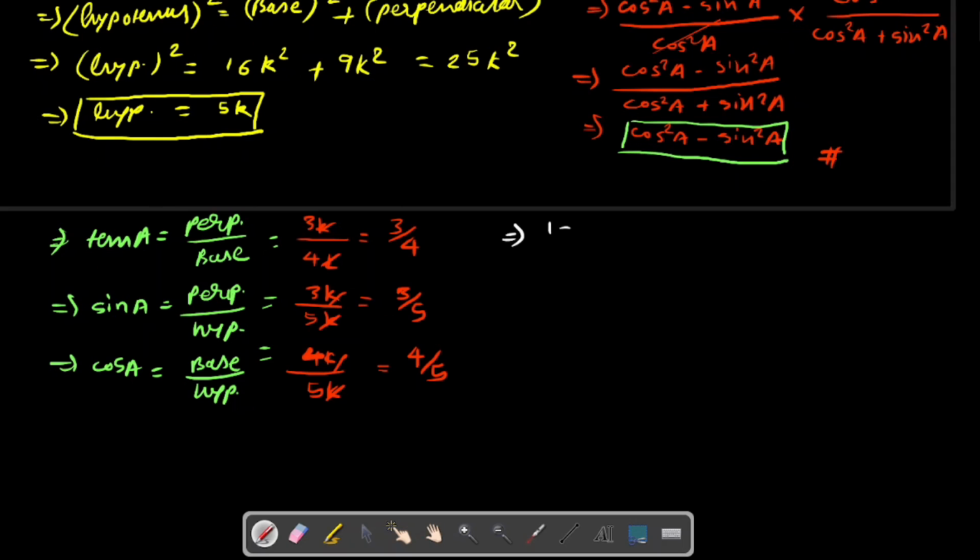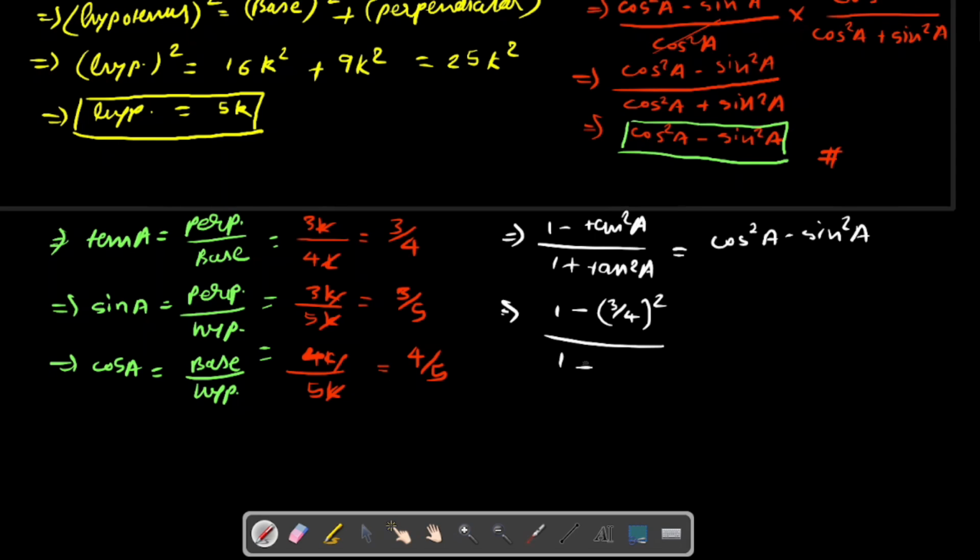What is our equation? 1 minus tan square A upon 1 plus tan square A is equal to cos square A minus sin square A. Now by putting the values, tan A is 3 by 4, so 1 minus (3 by 4) square upon 1 plus (3 by 4) square is equal to cos square A minus sin square A. Cos A is 4 by 5, so it is (4 by 5) square minus sin square A, and sin A is 3 by 5, so (3 by 5) square.